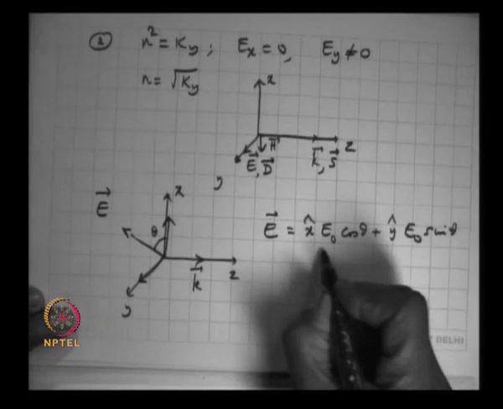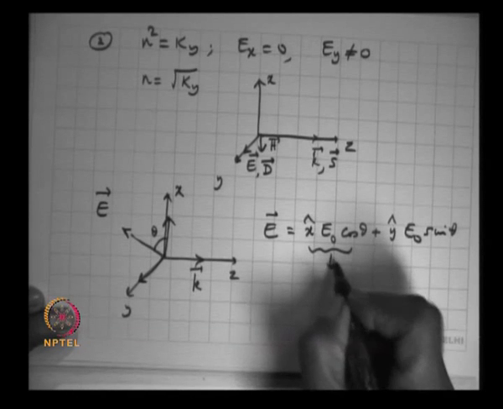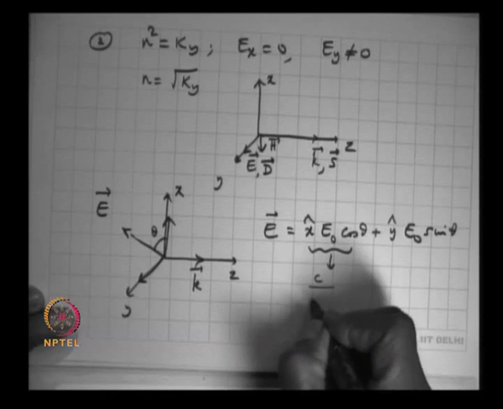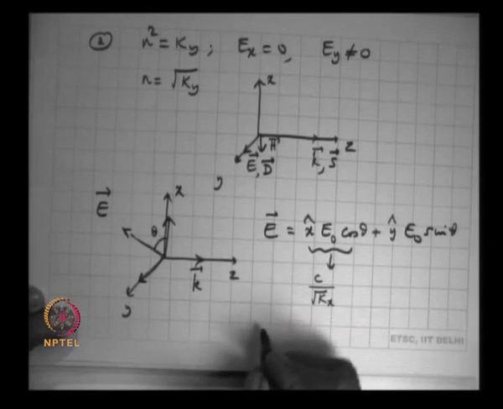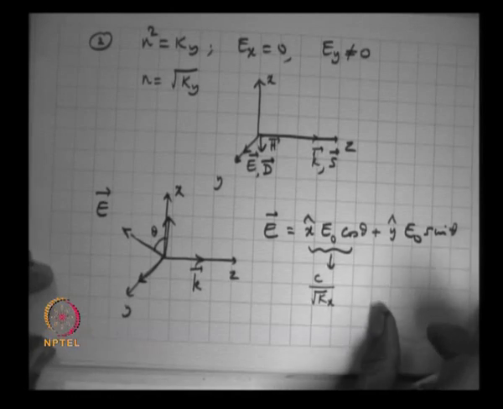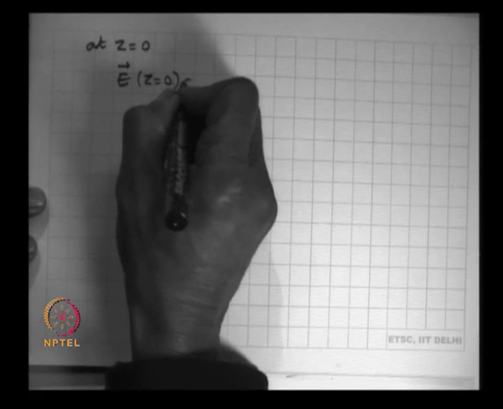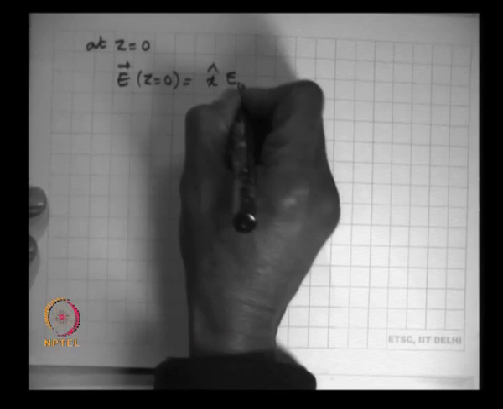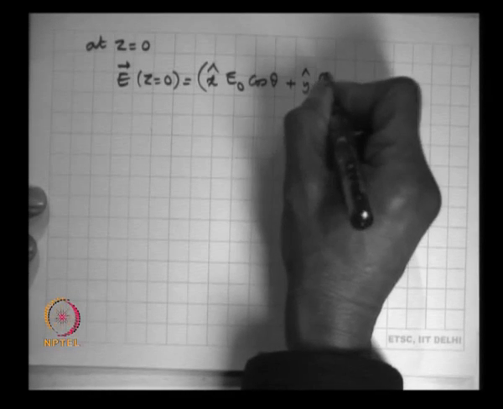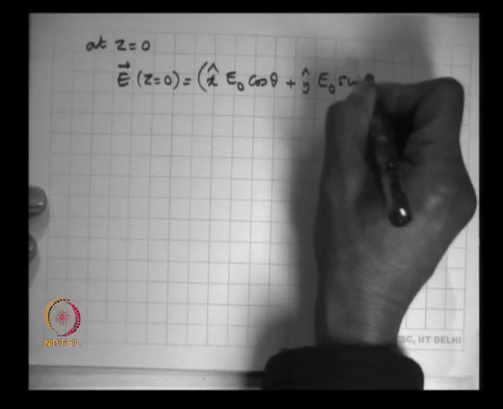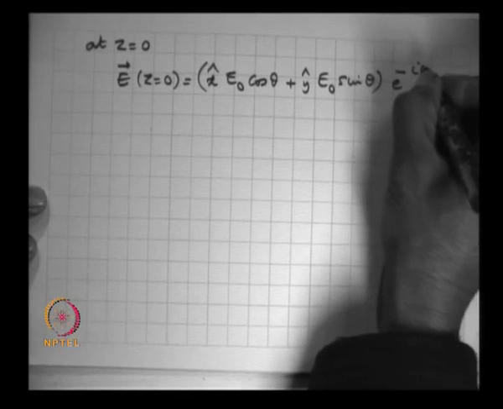Okay. Now, what I am saying is this component propagates with a velocity c by square root of kx. So, what is the k vector for this? Let me write like this. At z is equal to 0, the equation is E vector equal to x cap E 0 cos theta plus y cap E 0 sin theta e to the power minus i omega t.